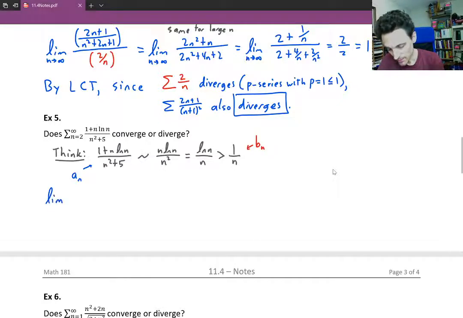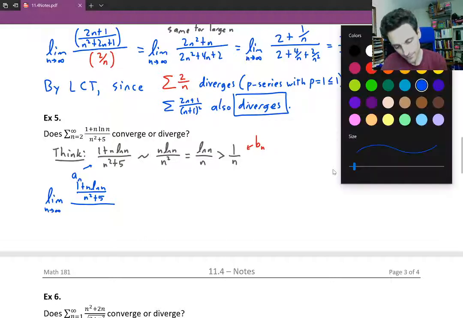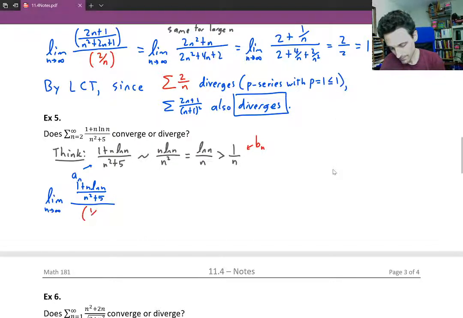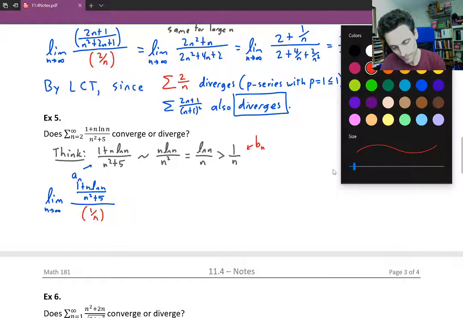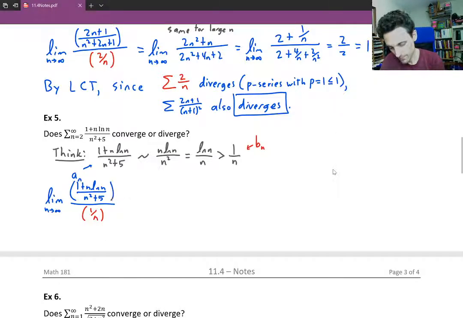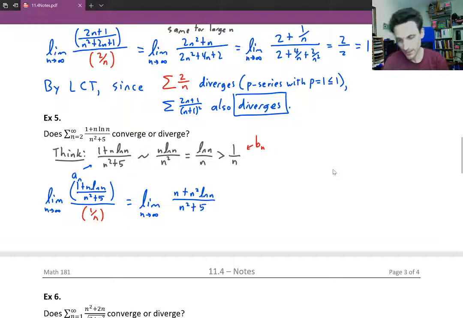All right, so here we have the limit as n approaches infinity of 1 plus n ln n over n squared plus 5. Again, flip the fraction to the top, so we have n plus n squared ln n over n squared plus 5.